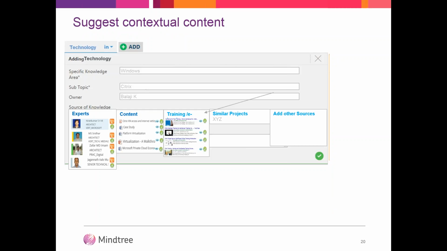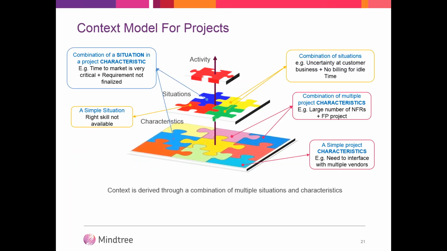When it's relevant for them, they are able to infer greater meaning out of it, and hence they are able to take a more appropriate or better course of action. This is the model that we have arrived at. There are various models that are out there.